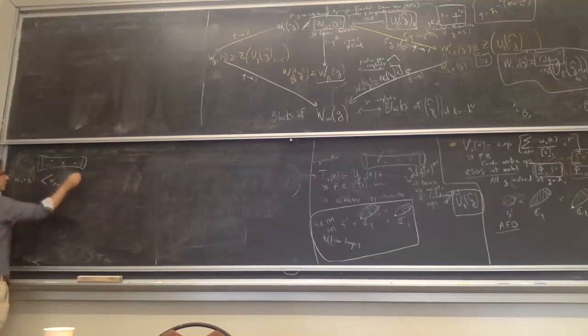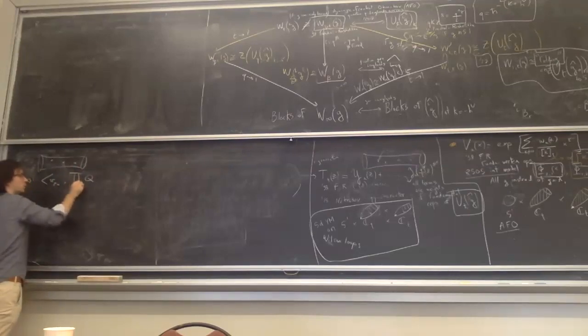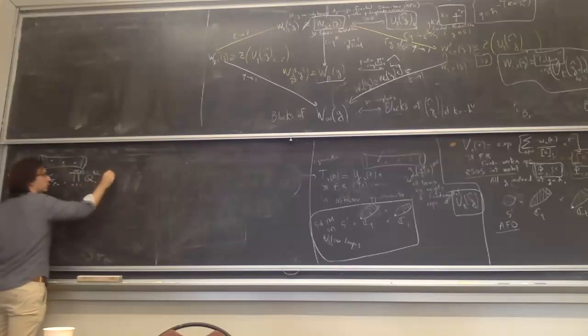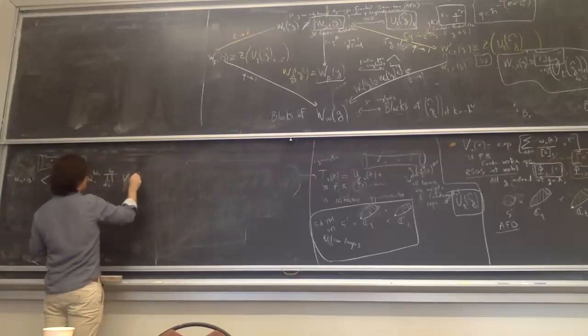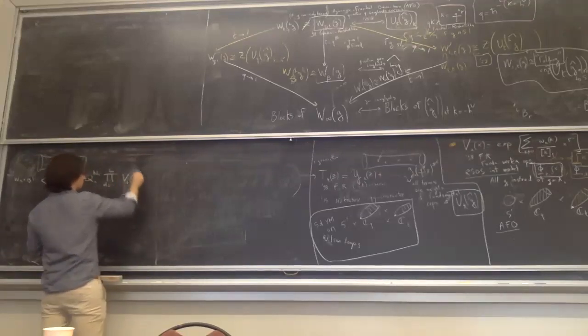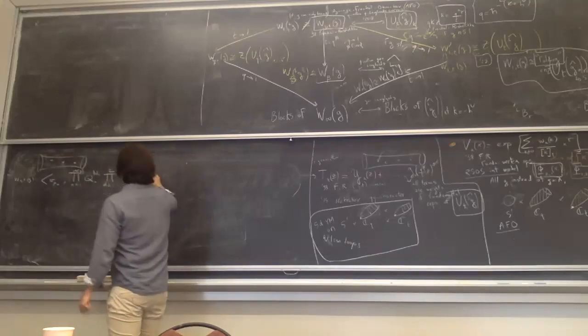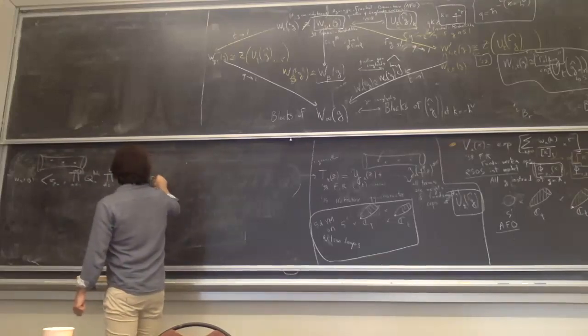So you have the product over A from 1 to rank G of QA, and the product over D from 1 to L of VD at XD, and this acting on a V mu 0.